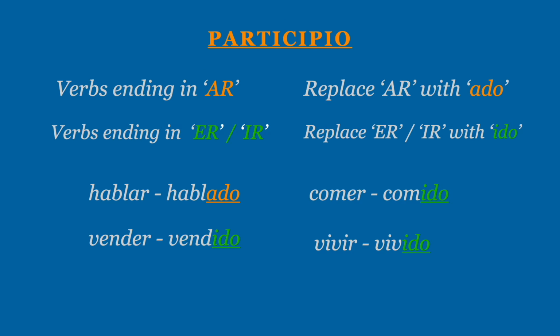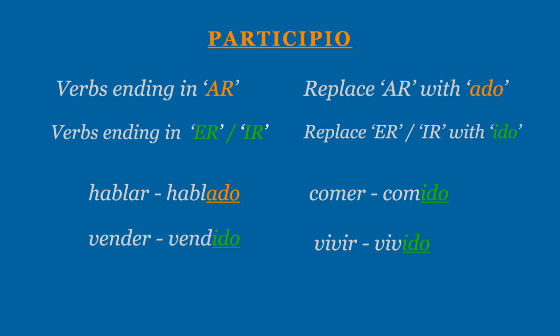So examples: hablar, we will take out ar from hablar and add ado to make it hablado as the past participle. Hablar, hablado. Comer, comido: we will take out er and add ido to com, which becomes comido. Vender, the same way, vendido. Vivir, vivido. And that's how the past participle of most of the verbs is formed.